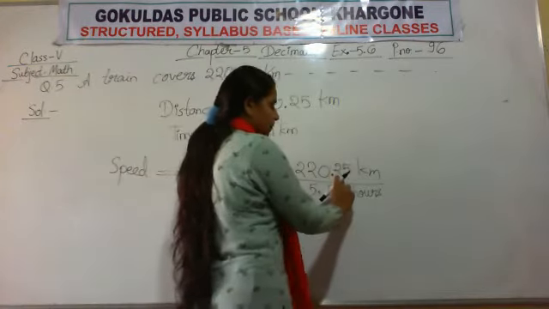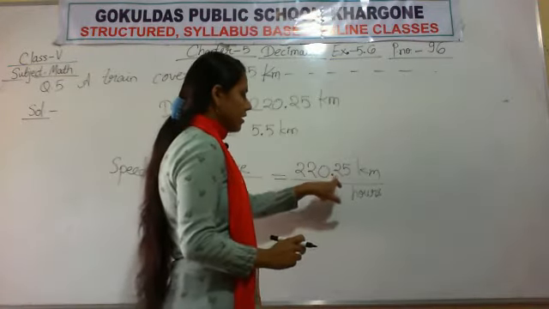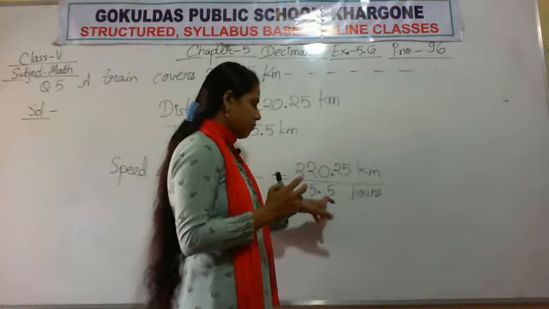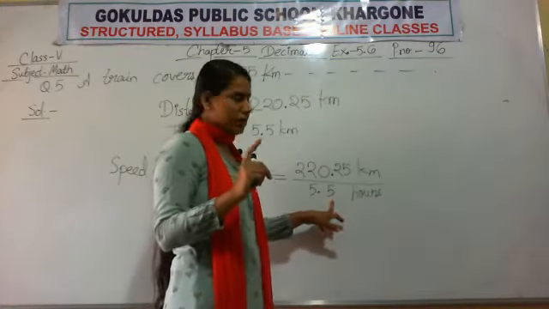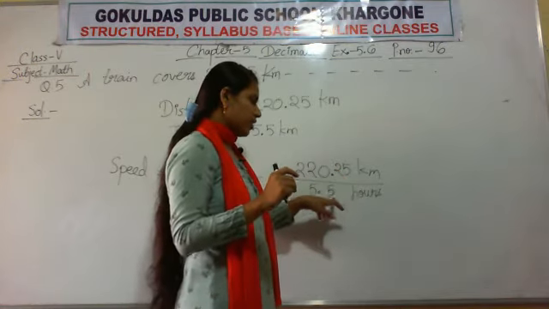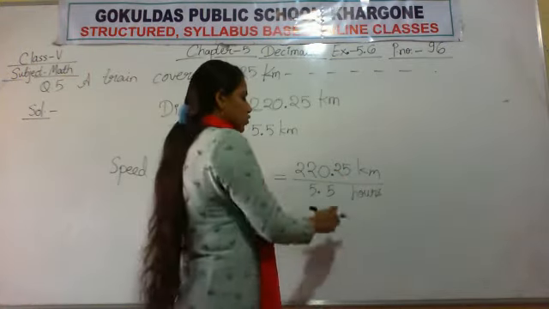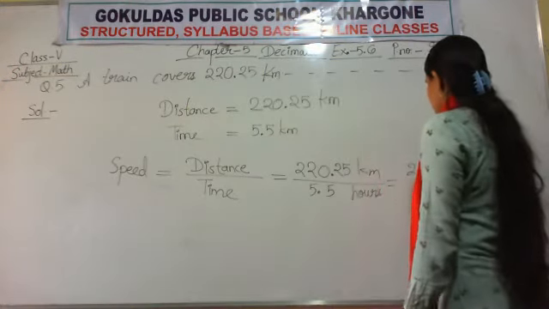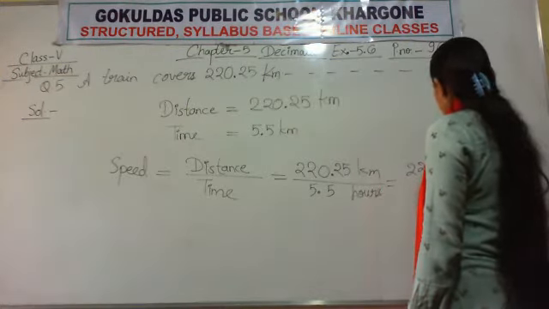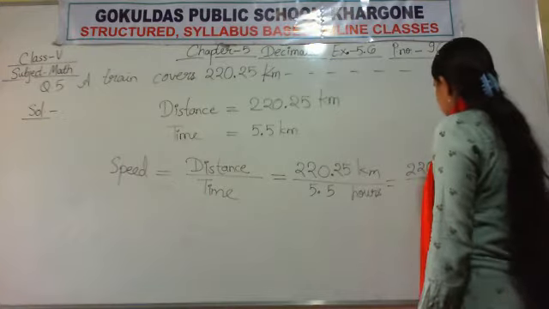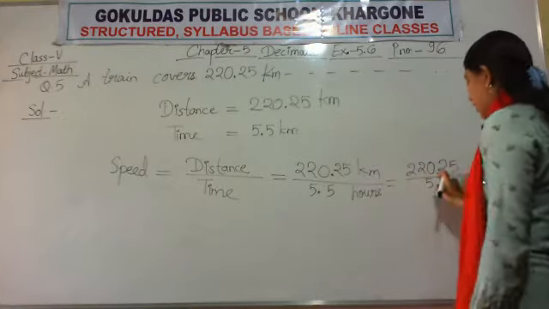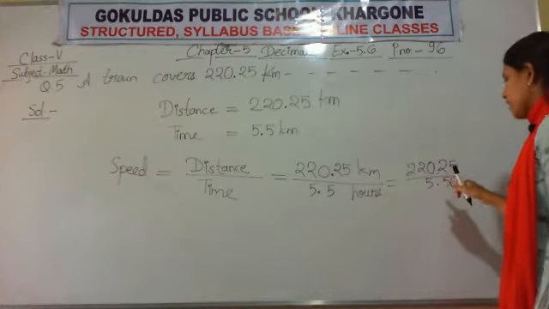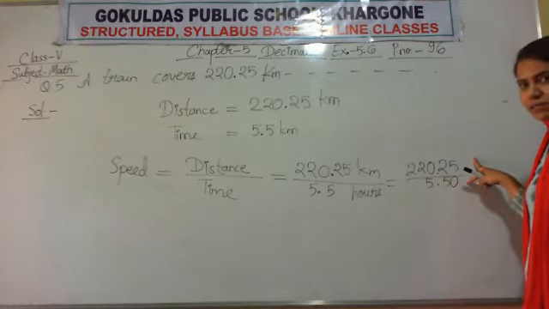If I make them like decimals, here the number of digits after the decimal is 2, and in this number the digits after the decimal is 1, right? Here 2 digits after the decimal, here only 1 digit. So you can add 1 zero like this. You can write 220.25 and 5.50, right? After the decimal 2, after the decimal 2. So we can put 1 zero to make them like decimals.